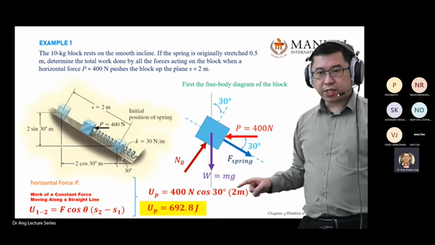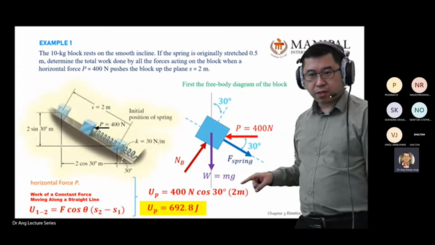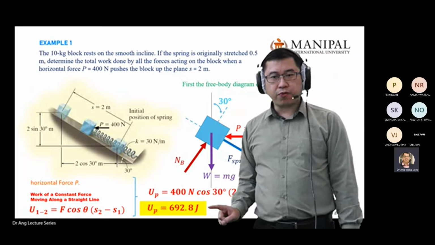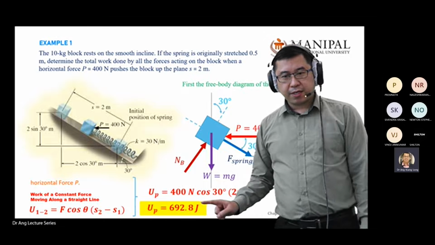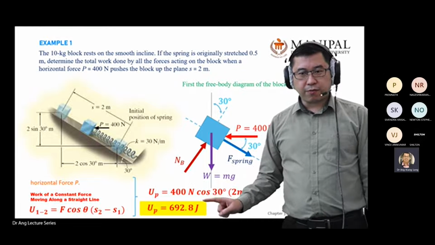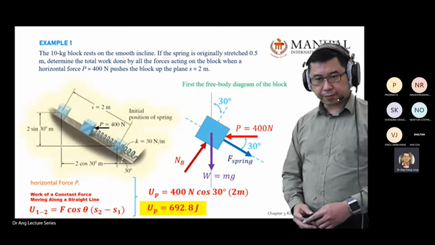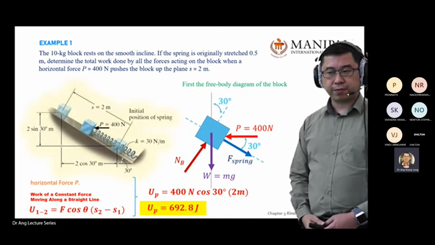In your calculation, I can still close one eye and not look for the unit, but when it comes to the final answer or important answer, you have to give the unit. Don't forget about the unit. Any question so far for the work done by the force?